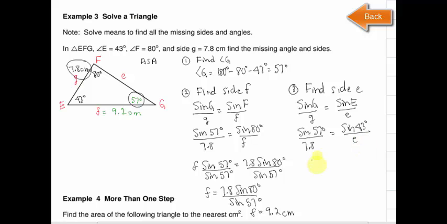Okay, and I'm going to take a little bit of a shortcut here. I'm going to solve for E right away. So to do that, I'm going to go 7.8 times sine of 43, and I'm going to divide by sine of 57. Okay, and so when I plug all of that into my calculator, I get approximately, and this is all approximate, right, 6.3, and I will put that on my diagram.